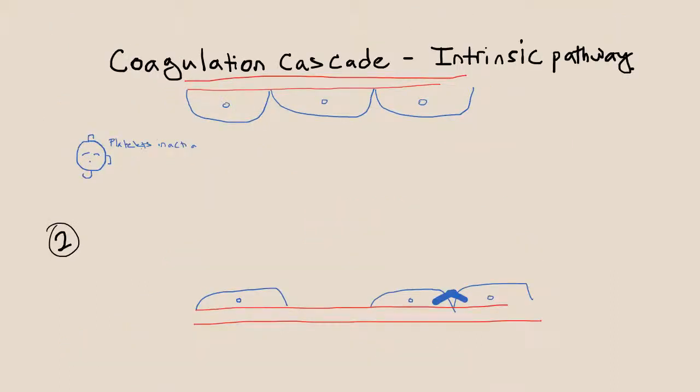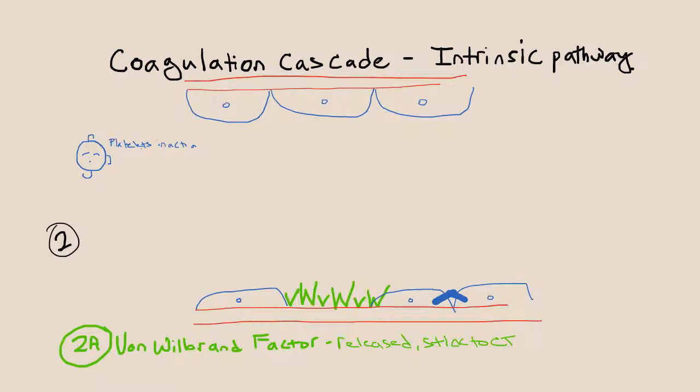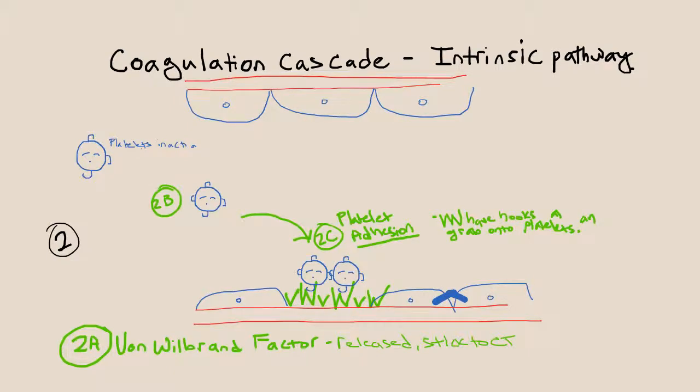The damaged endothelial cells and the adjacent endothelial cells will release a platelet adhesion protein, which we call von Willebrand's factor, after the doctor who discovered it. That special adhesion protein has hooks for inactivated platelets, so inactivated platelets will be able to stick to it.